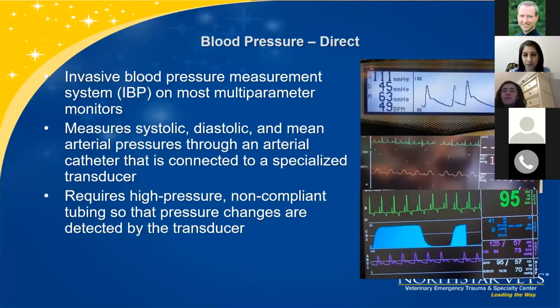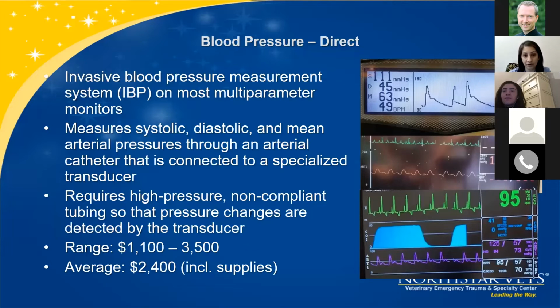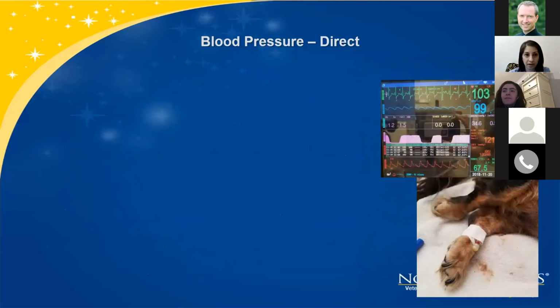The system does require a special cable and some consumable items, as well as this high pressure non-compliant tubing. Usually they range in cost, and they may be included with a multi-monitor, or these are some estimates for standalone units. Because of the consumables, there are some supplies that need to be replaced per patient.